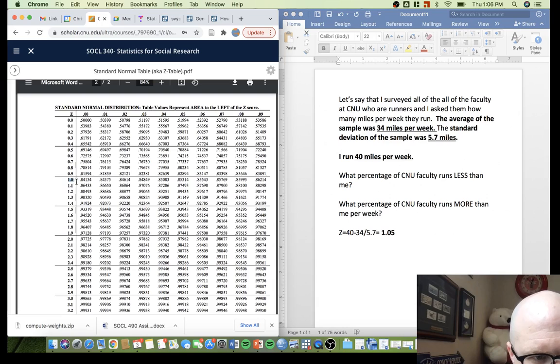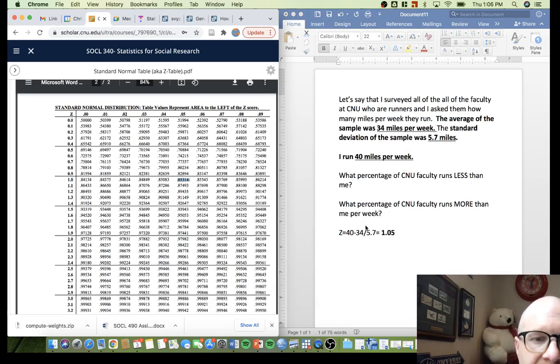Then you take your third digit and find it on one of these columns. My first two digits are 1.0, and my third digit is 5, so 1.05. Here's the .05. So it's this row and this column. Ultimately, this is my table value.